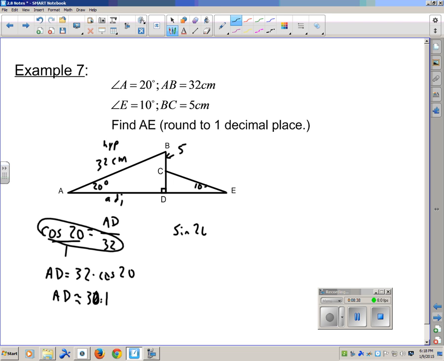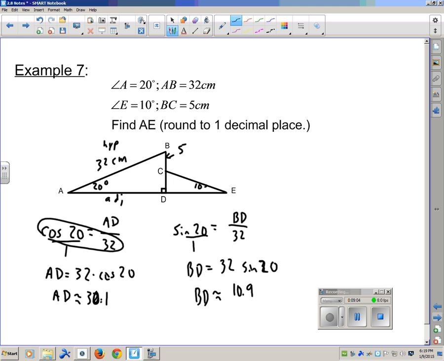The sine of 20 is equal to my opposite, which is BD, divided by my hypotenuse, which is 32. So BD is 32 sine 20, and I end up getting BD is about 10.9.